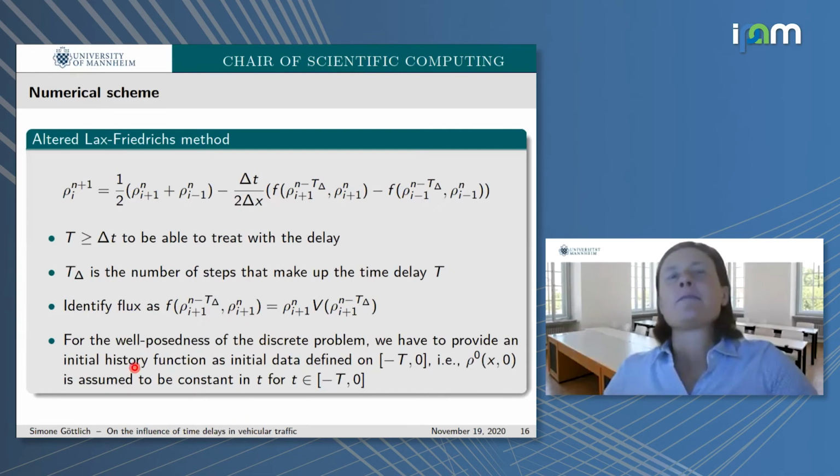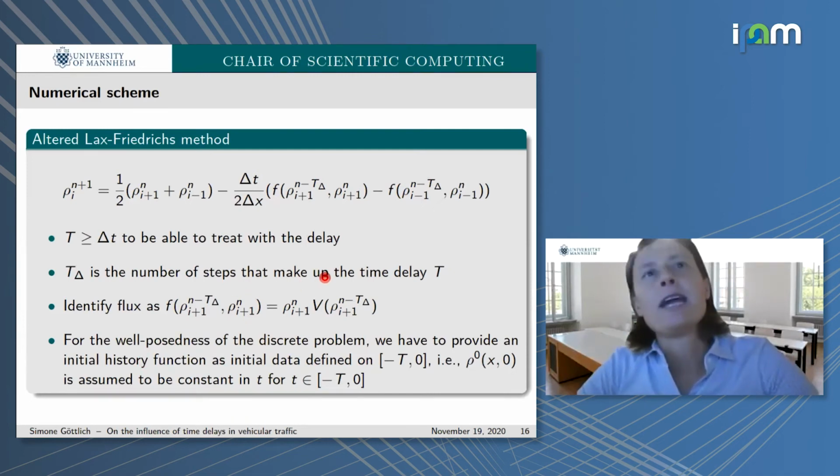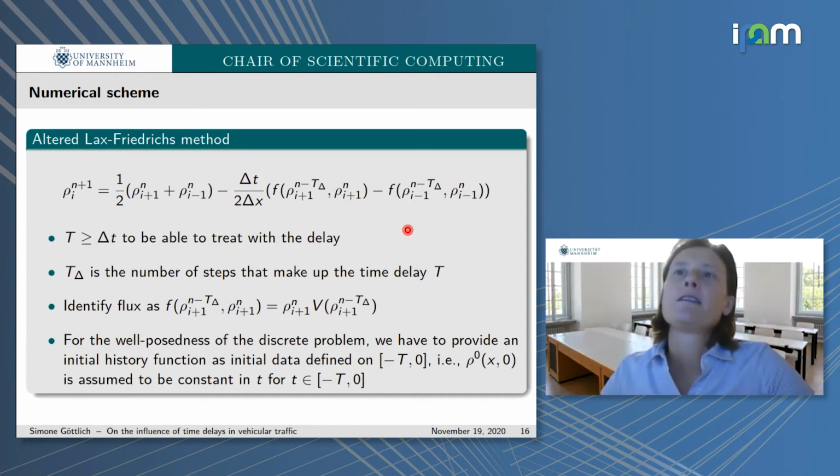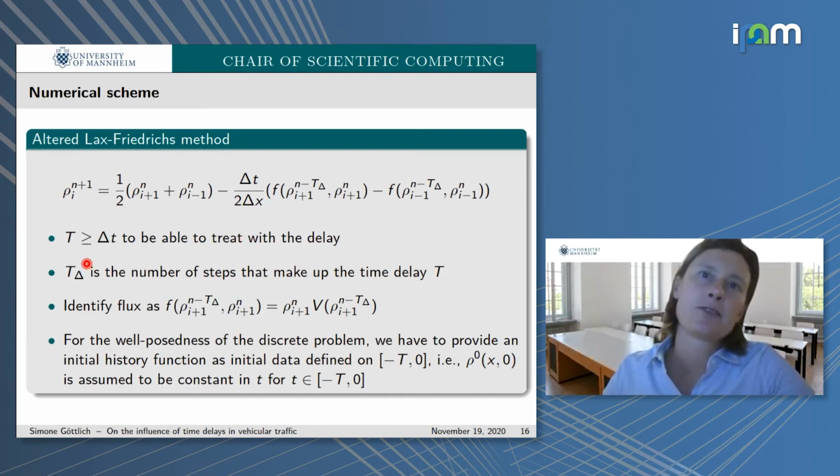More or less, this can be done in a straightforward way, and this is what we call the altered Lax-Friedrichs method. You see here the difference is that the flux is now including a delay, so it's slightly different from the classical Lax-Friedrichs method. And we have a few things to ensure. First of all, the delay T is greater than delta t.